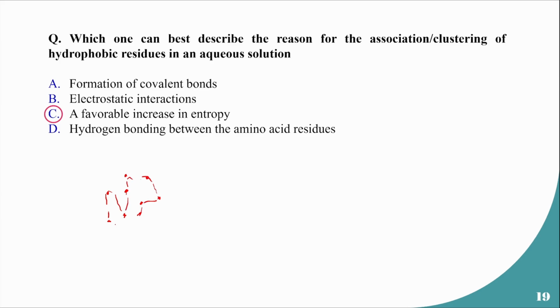A solvation layer is basically present around each of the individual amino acids, and it happens because when you are dropping an amino acid in water, you are disrupting the already present hydrogen bonding between the water molecules, so the water will tend to gather around these individual amino acids and form a solvation layer around them.